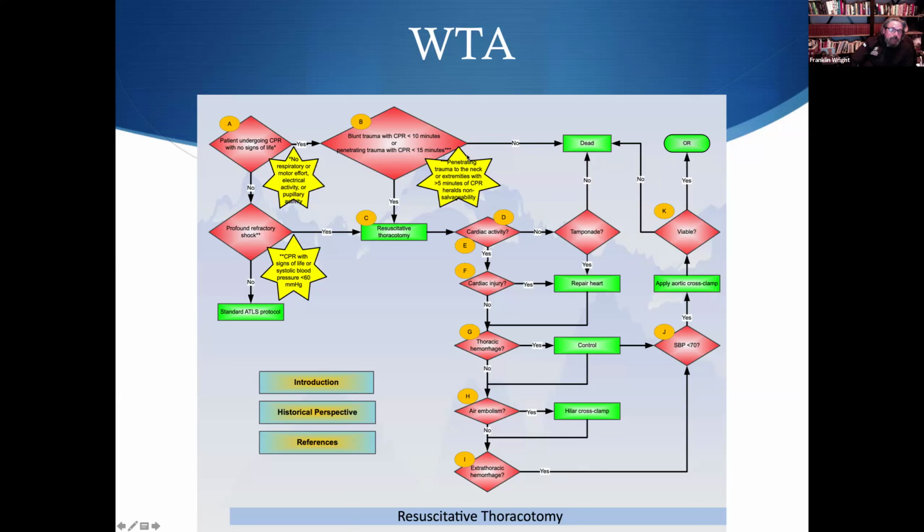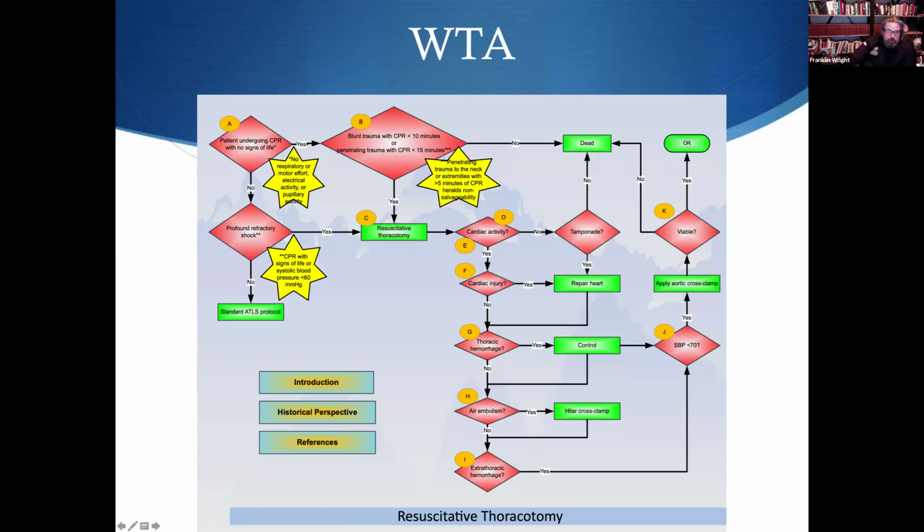A lot of places, our institution for instance, still use 15 minutes of CPR with penetrating trauma. A lot of us are using 5 minutes with blunt trauma because the blunt trauma outcomes are so horrendous, and there are a lot of risks of provider exposure from doing these heroic procedures. The risk of needle sticks, sharps, or rib fractures cutting through people on the medical team is relatively high.